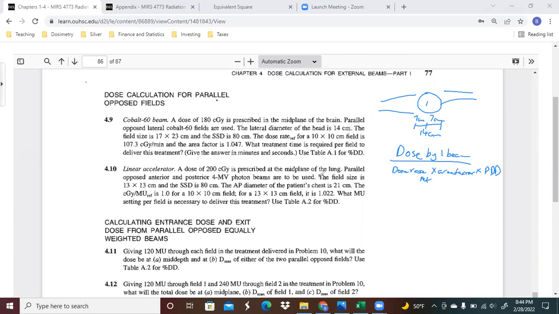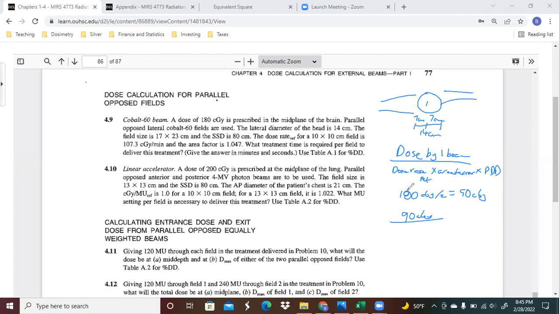So we know the dose deposited by one of the beams, since they're equally weighted, is going to take that 180 centigray and cut it in half. So we're going to have 90 centigray delivered to the midplane. So the dose delivered by one beam is 90 centigray.